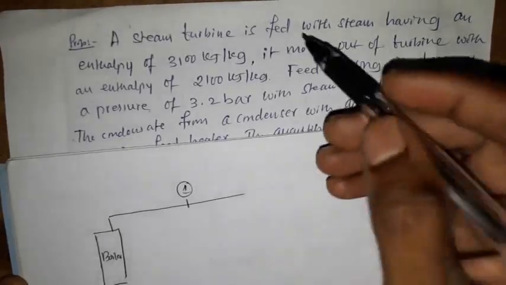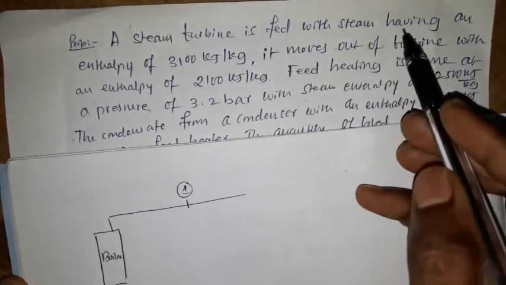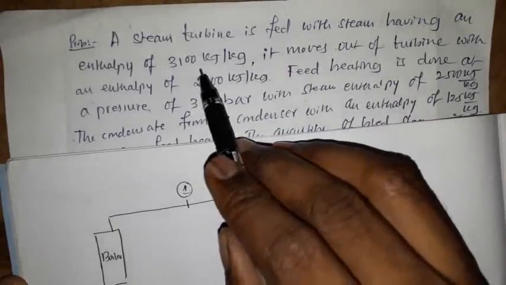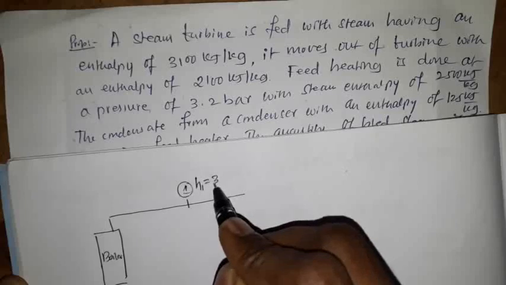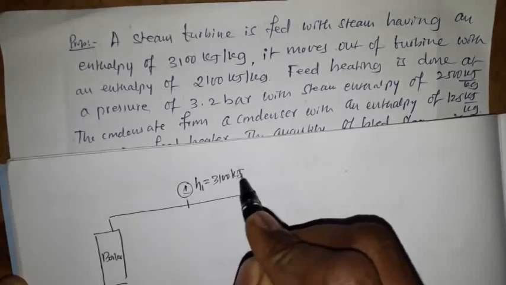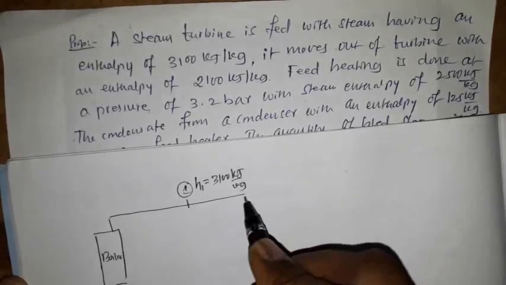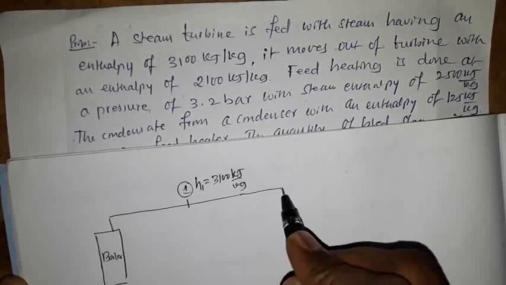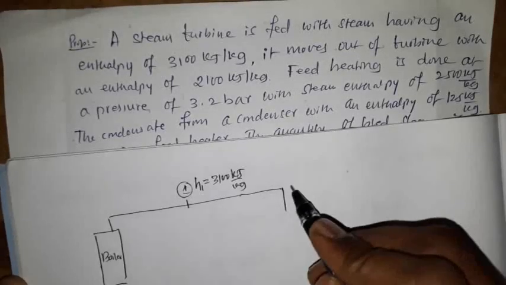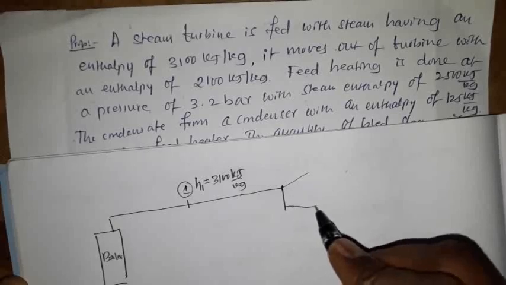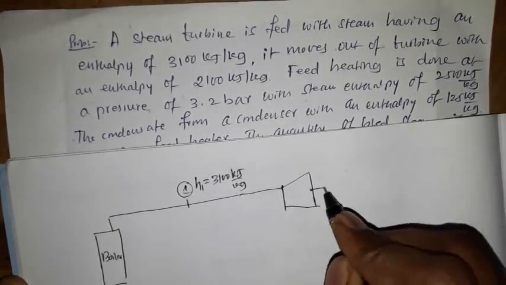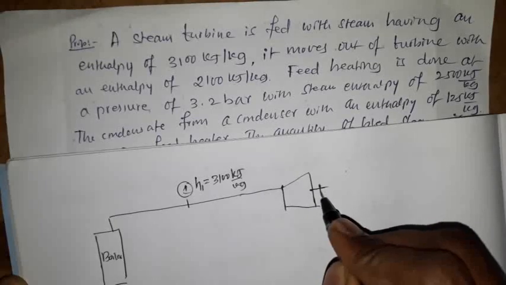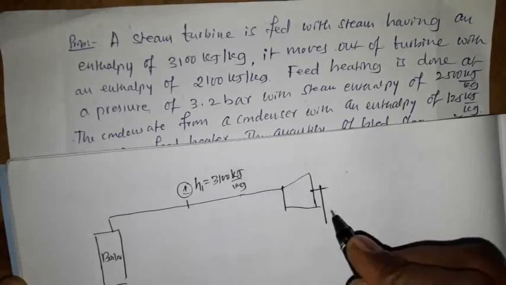So here the steam turbine is fed with this steam, whose enthalpy, that is H1, is 3100 kJ per kg. So this steam enters the steam turbine stage 1 and comes out at state 2 here.